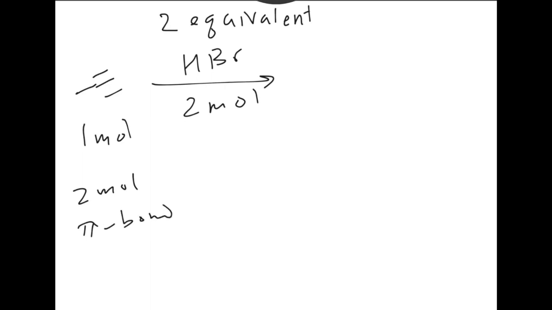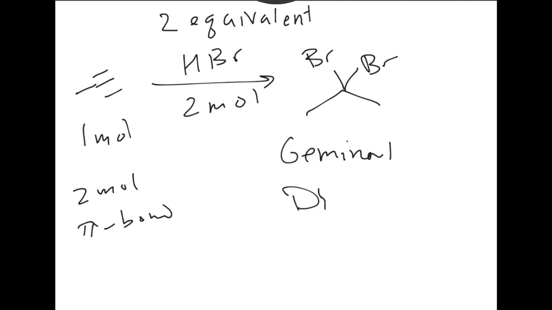So now I have enough HBr to react with all the pi bonds in my starting material, right? So my product is going to have no pi bonds. This is going to be a geminal dihalide. Geminal is just a fancy term for on the same carbon, right? 2 groups that are on the same carbon, that's geminal.